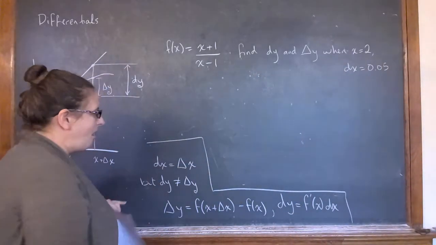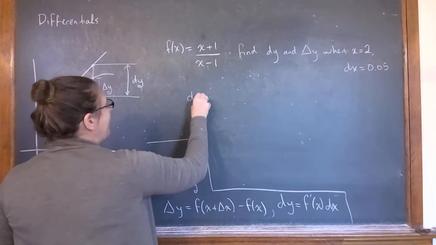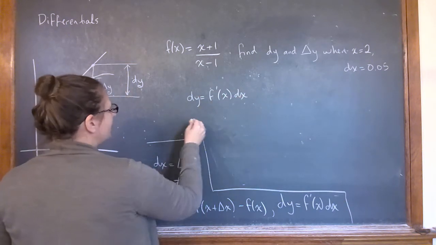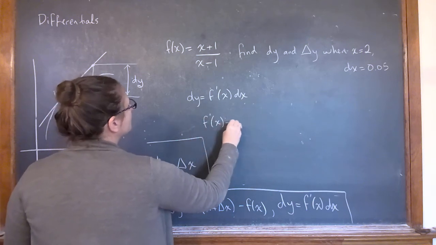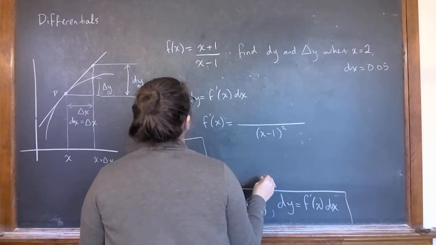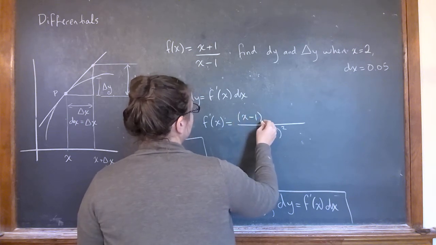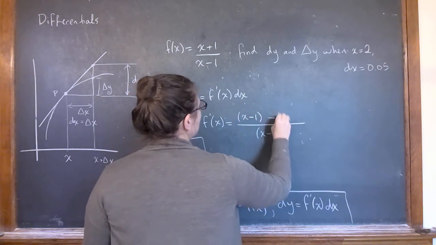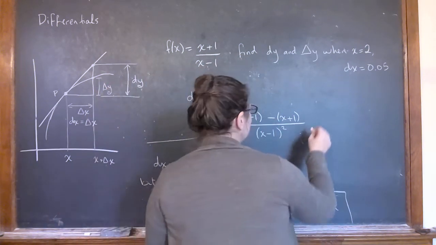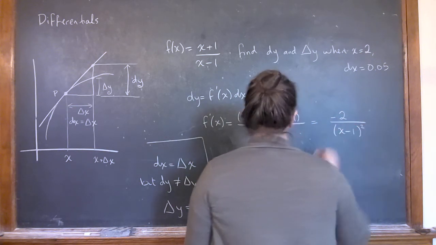So all I have to do is compute these things. dy is f prime of x dx. F prime here is going to be, over x minus 1 squared, x minus 1 times the derivative of the top, which is 1, minus x plus 1 times the derivative of the bottom, which is 1. So these x's cancel out. I get minus 2 over x minus 1 squared.